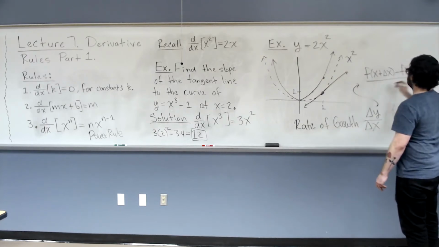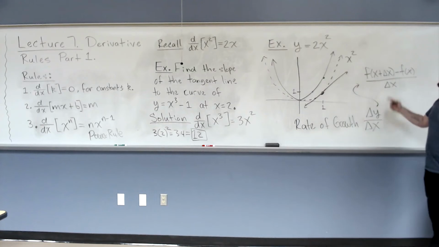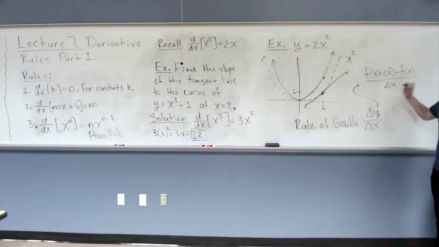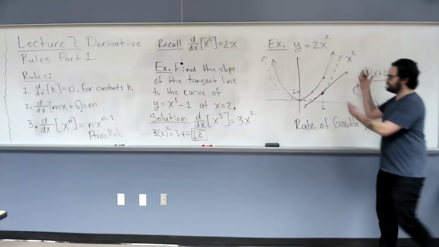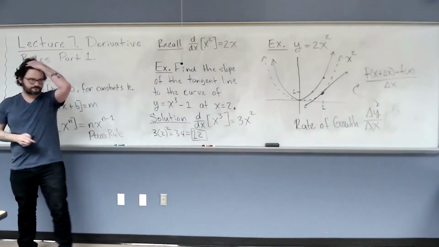Remember how we derived the definition of the derivative? Change in y over change in x, right? That's how we derived it. We took a limit and got the slope of the tangent line at a given point, right?